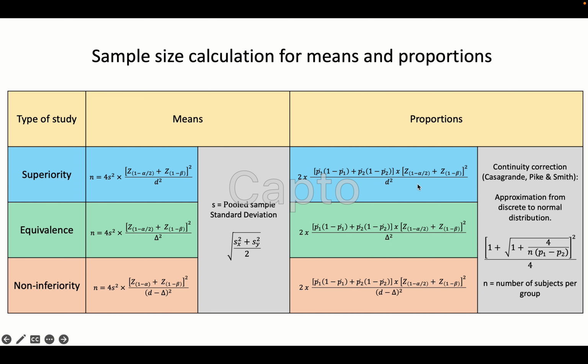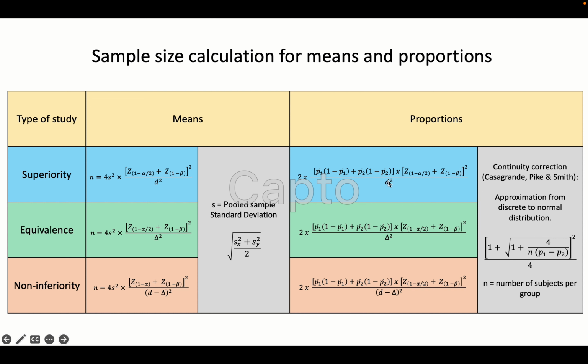But I wanted to show you that it's very similar to the comparison between proportions. The components z of 1 minus alpha over 2 plus z of 1 minus beta, and this term squared, are exactly here, and same for the effect size.